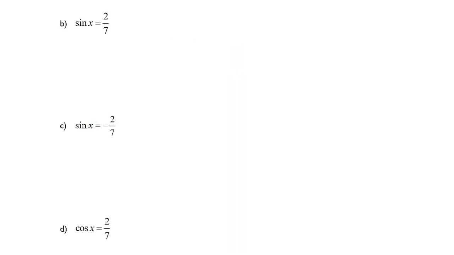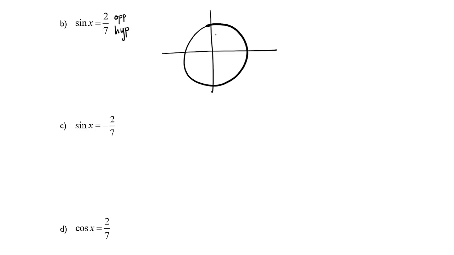In example B, we have sine x equals 2/7. We do recall, hopefully, that sine of x is opposite over hypotenuse, which should be able to help us. If we know that the 2/7 represents a height, we should be able to look at this and say, okay, well, I can mark this 3, 4, 5, 6, 7.